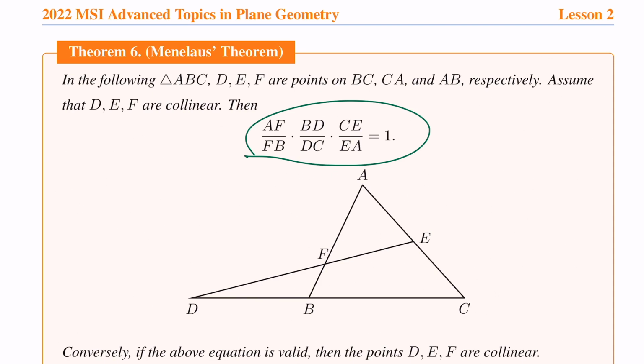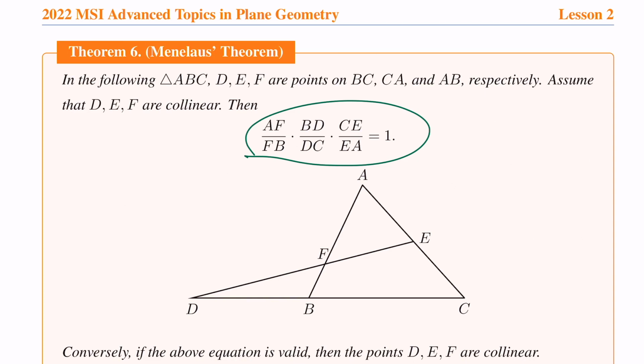So how to prove it? Last time we used similar triangle and area methods to prove it. Today I'm going to use trilinear coordinate system to prove that D, E, F are collinear. The key would be how to compute the trilinear coordinates for D, E and F. Once you computed it, you are done.